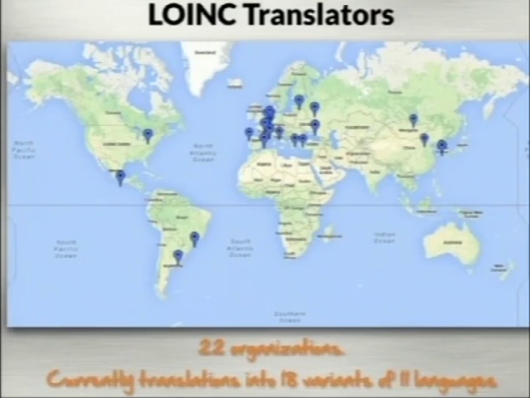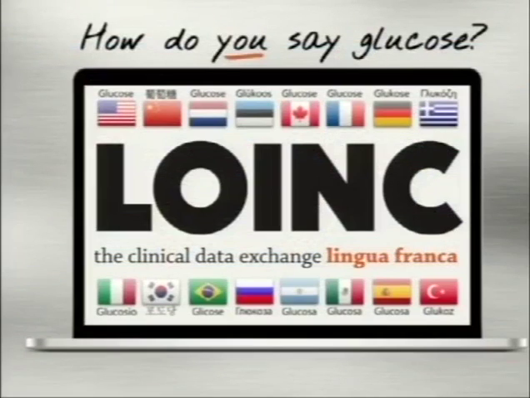They've been key contributors to that. Right now there are 22 organizations working on translations. Published in this upcoming release will be 18 variations of 11 different languages, with the newest being one out of Belgium.